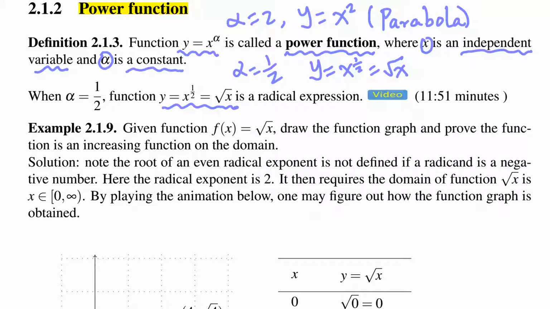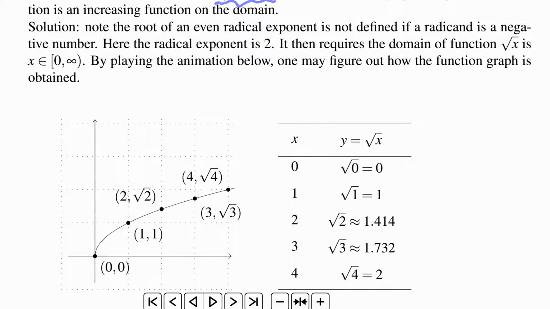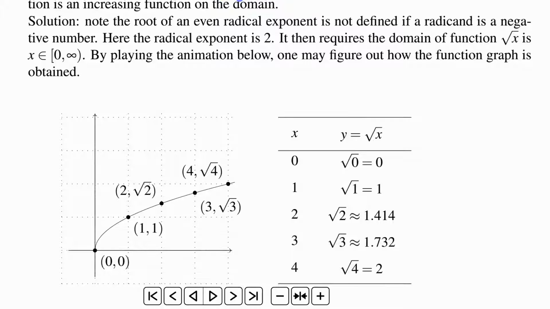Let's see the graph of this radical function. And here is the graph of the radical function.